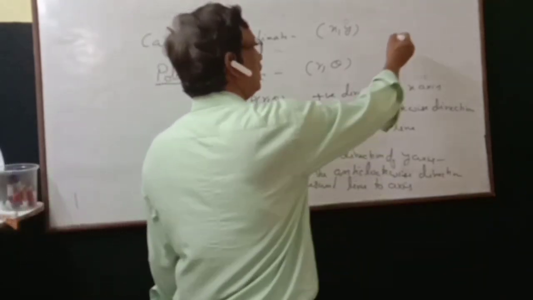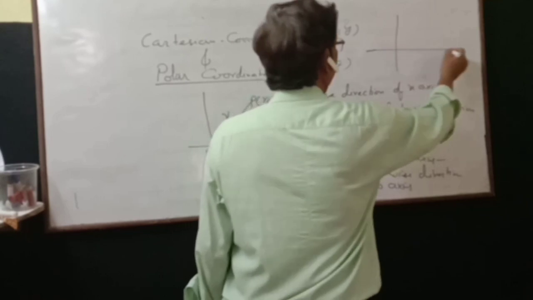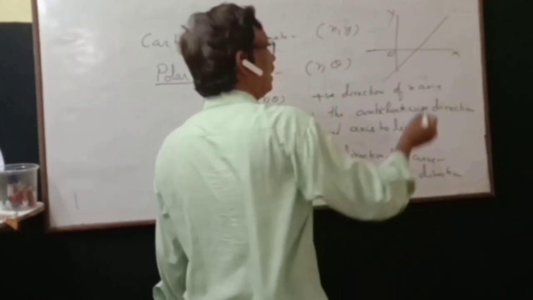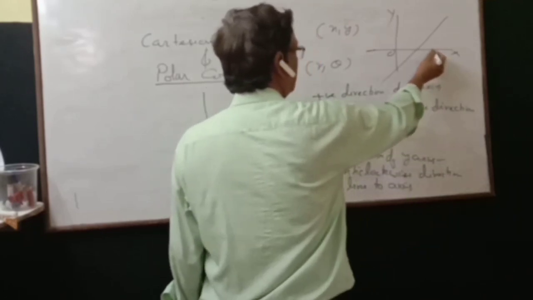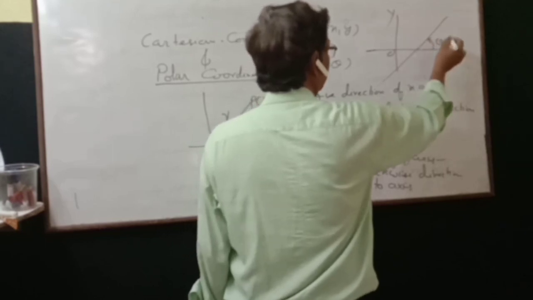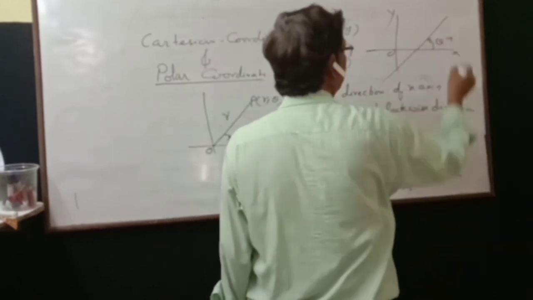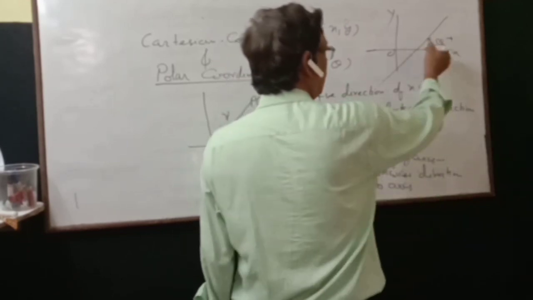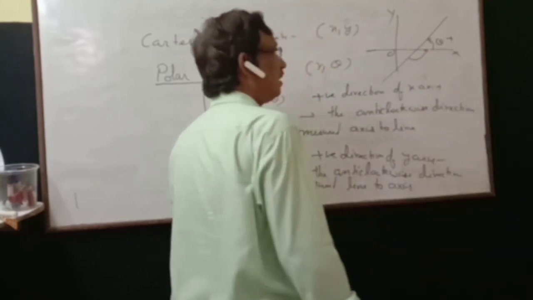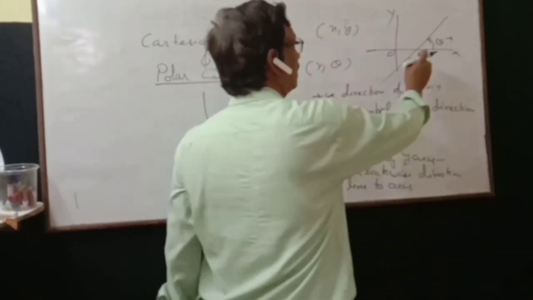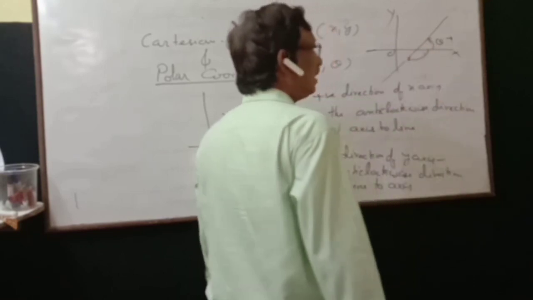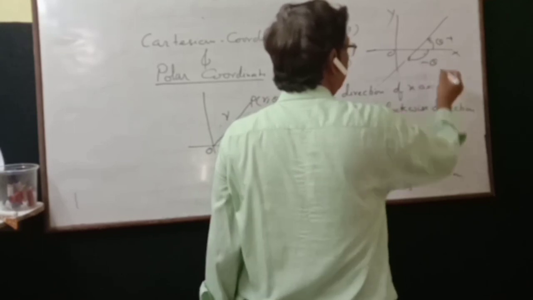That means the positive direction of the x-axis means axis to line, that is positive, anti-clockwise direction, axis to line. Axis to line in the clockwise direction is negative theta.